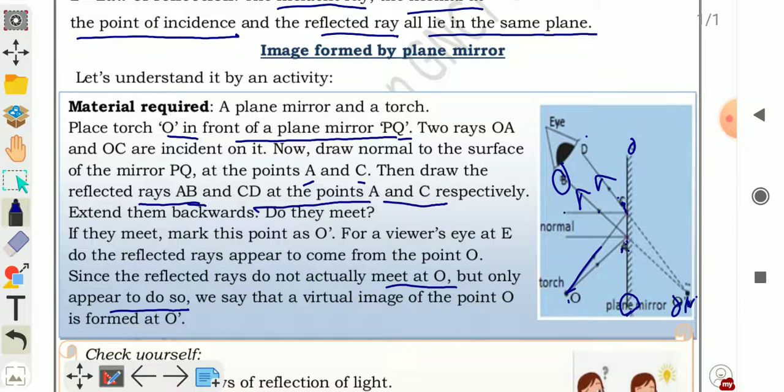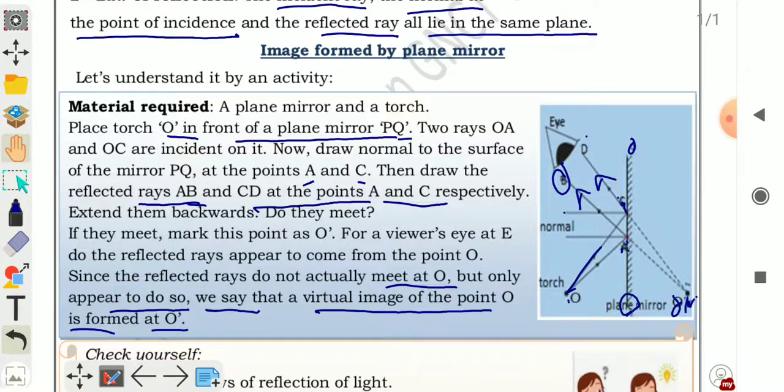That is why we say that a virtual image of the point O is formed at O dash. So, by the plane mirror, image formed is virtual. Virtual image is always erect and the same size as the object.